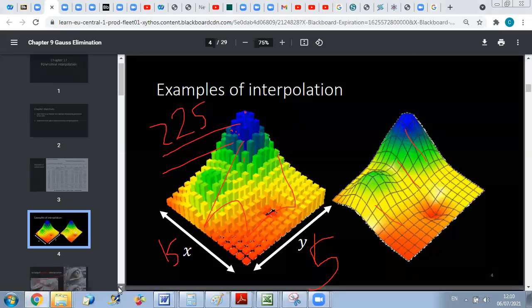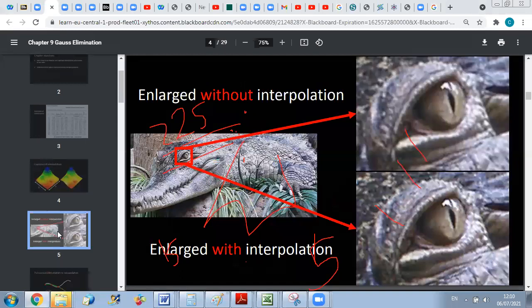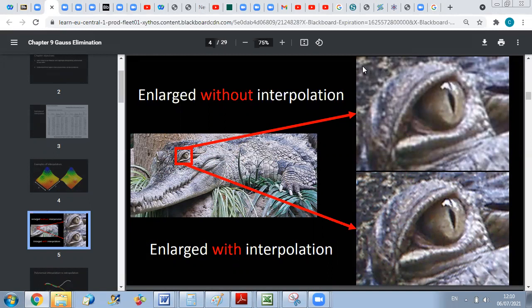Another application is in photography. In photography, the higher the number of points you have, the better will be your result, and the higher will be your resolution. So if you consider the following image, and you do a zoom on the image, in the first image you don't take a lot of points.